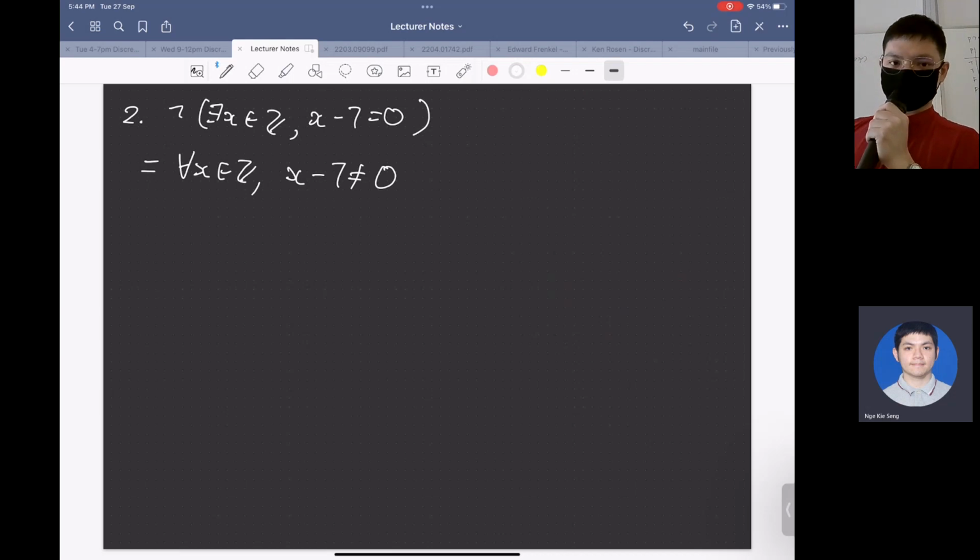Anyone have questions? No questions? Since you guys learned about logic, this that I wrote is a proposition. So whenever you see it, you want to decide whether it is true or false. So is this true or false?